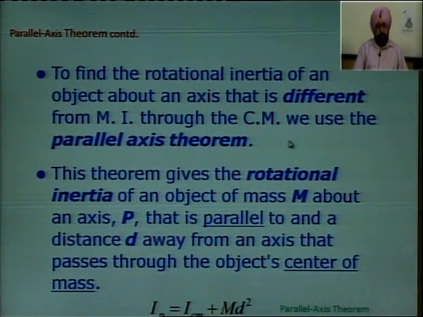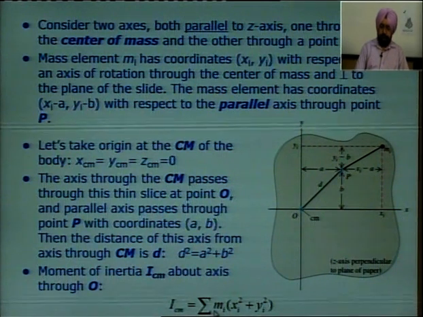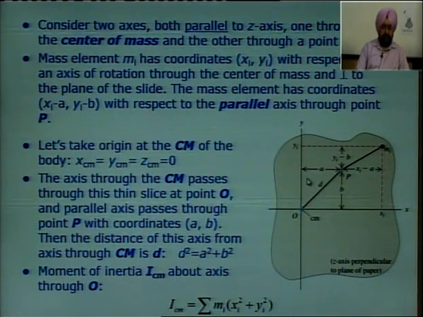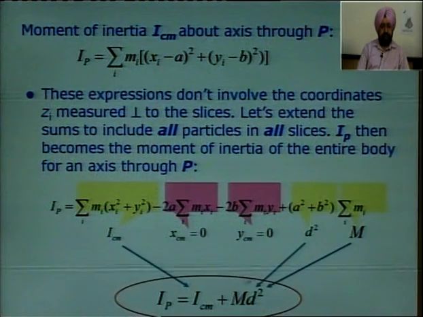So, what you will do is simply sum up the moment of inertia along the x axis and that along the y axis. So, I_CM is the sum of mi into (xi square plus yi square).